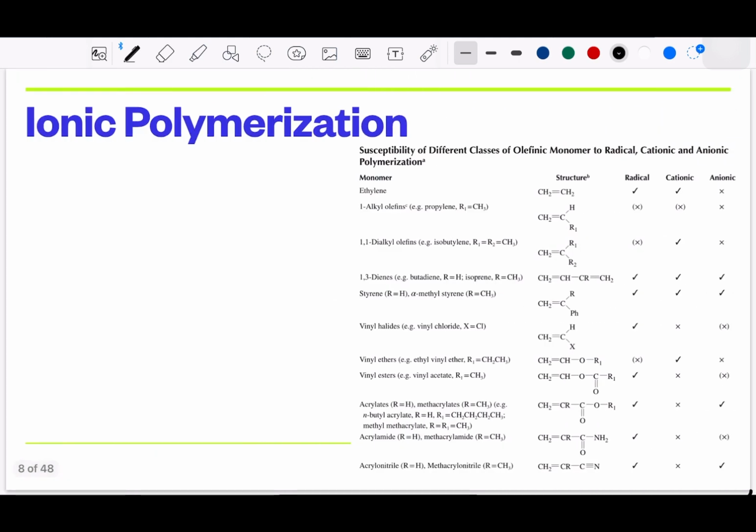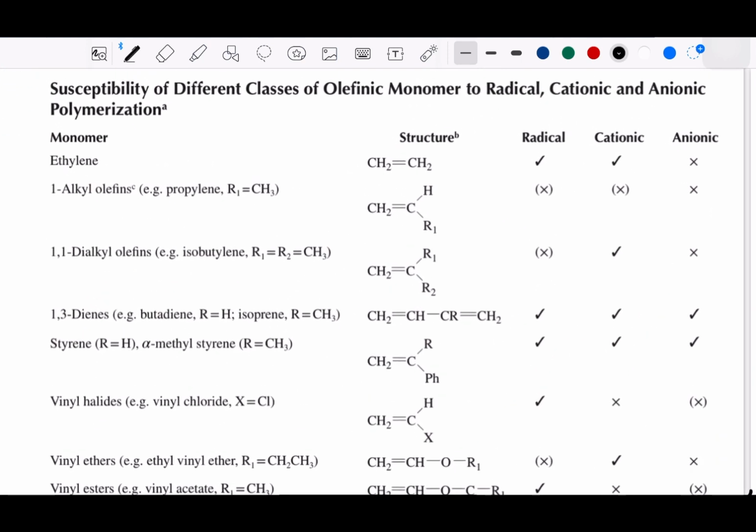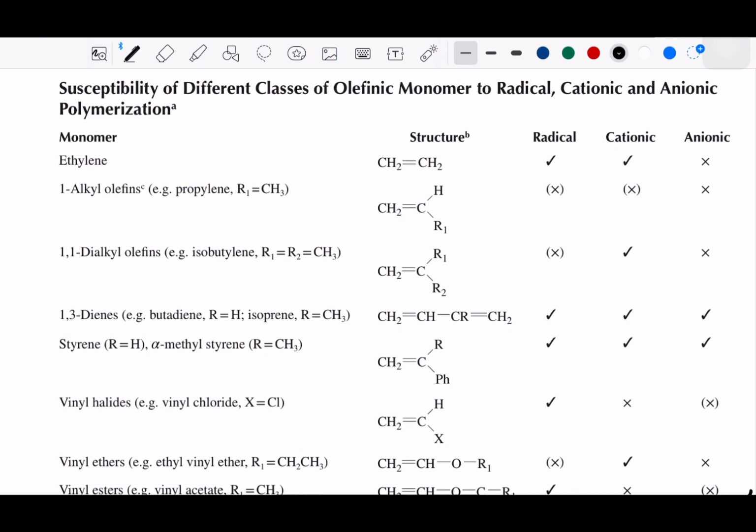Some monomers we can consider, let me take it clearly. We can have some monomers that can be categorized as radical, cationic, or anionic. If you see, we have ethylene, a regular vinyl monomer.